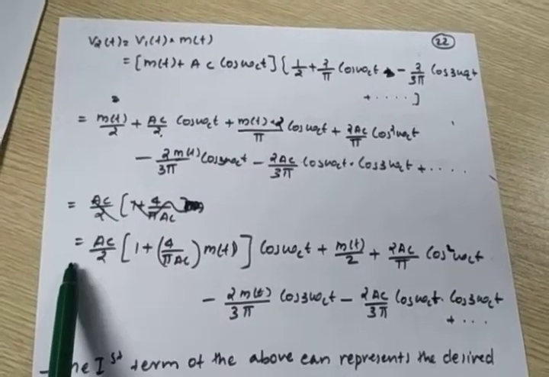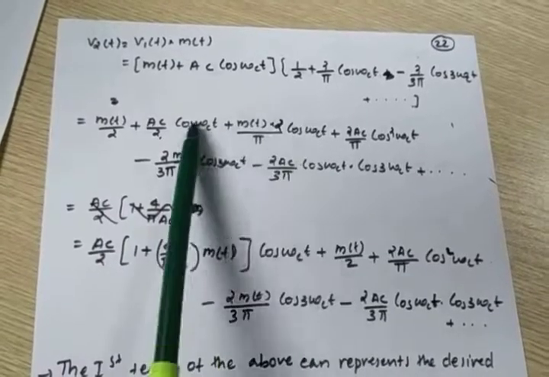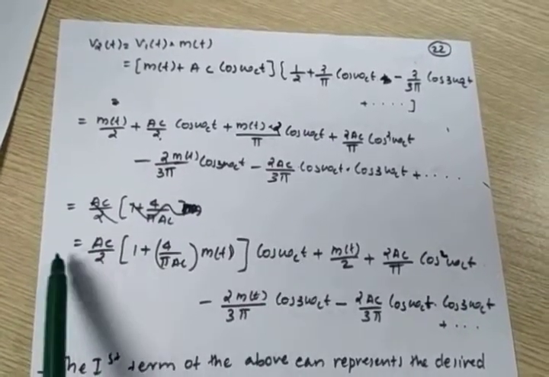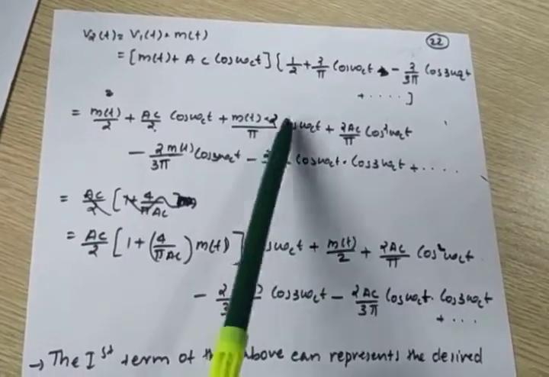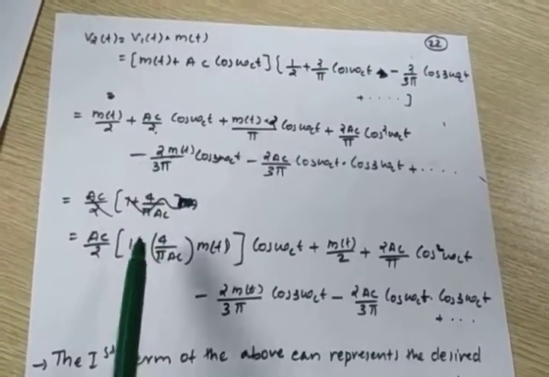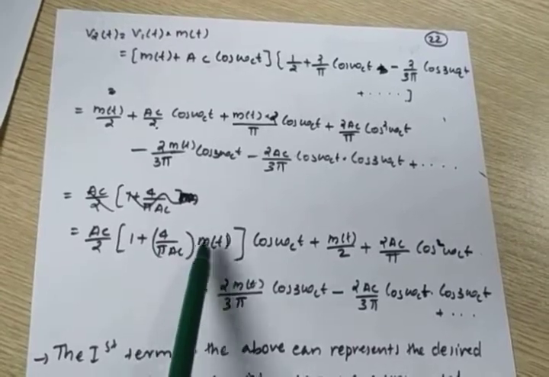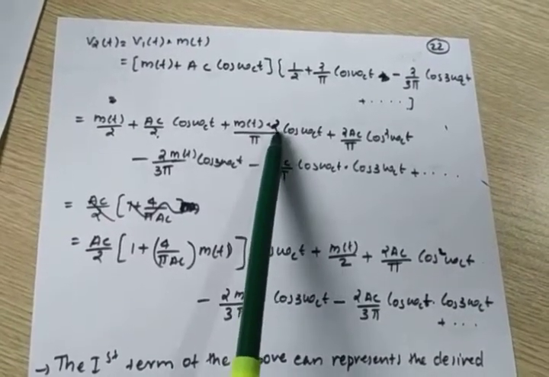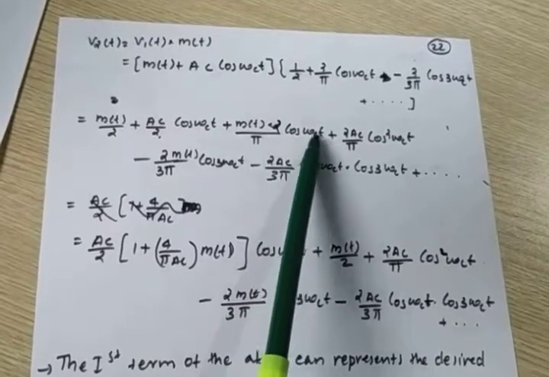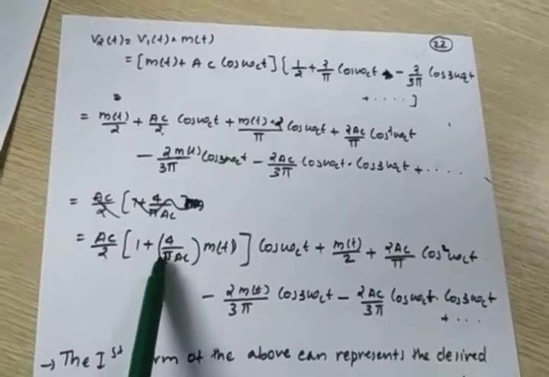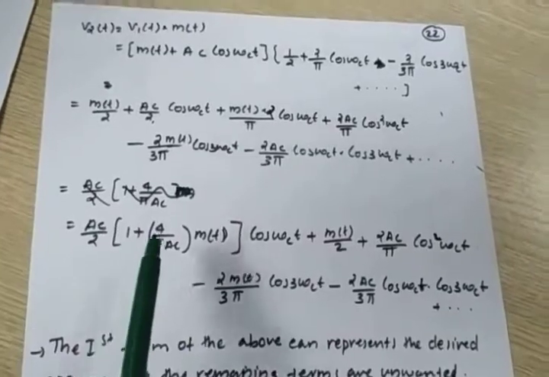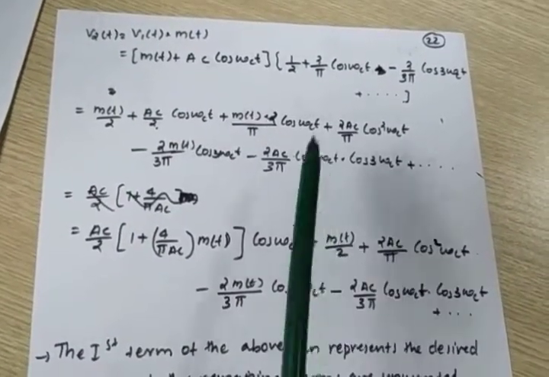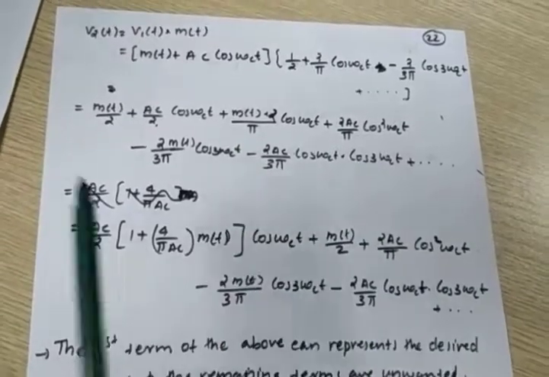So AC by 2 you take common from these two terms; AC by 2 cos omega ct is taken outside, let this become 1. So 1 plus 4 by pi AC M of t. See here also AC by 2 cos omega ct I am taking outside, then the remaining is 4 by pi AC M of t cos omega ct plus M of t by 2 remaining plus these three terms.